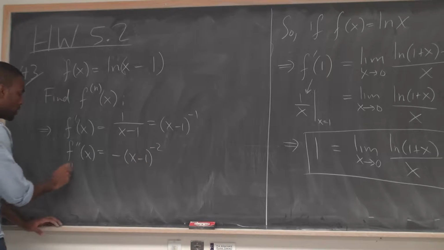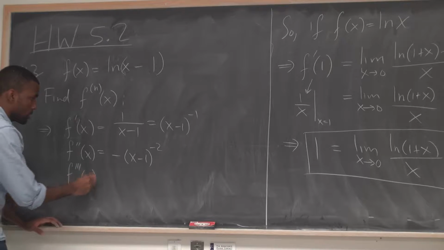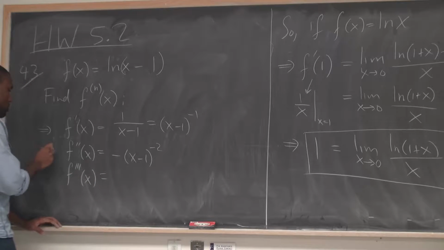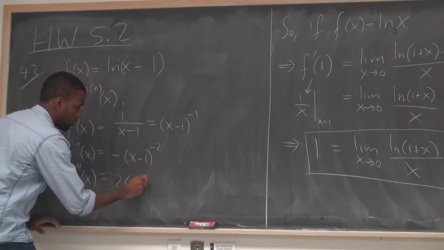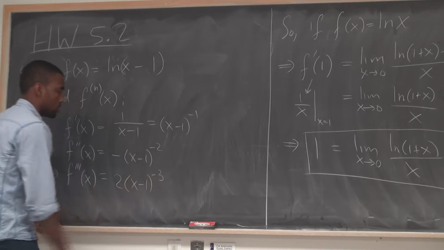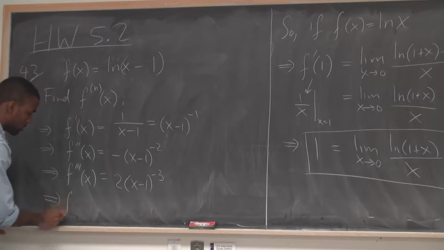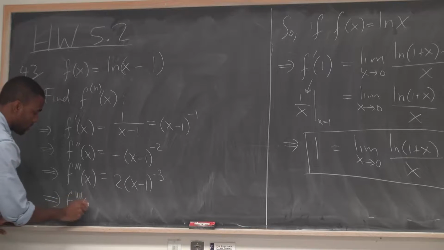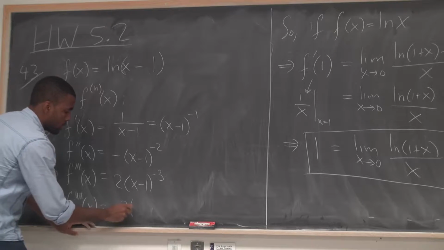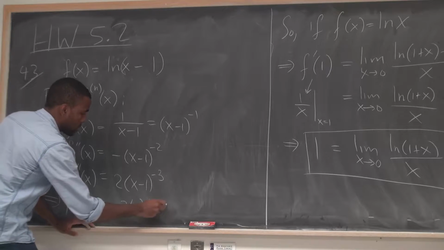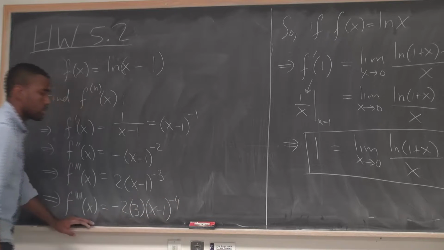Find the third derivative. 2 times x minus 1 to the minus 3. Fourth derivative. Minus, I'd write it like this, 2 times 3 times x minus 1 to the minus 4.